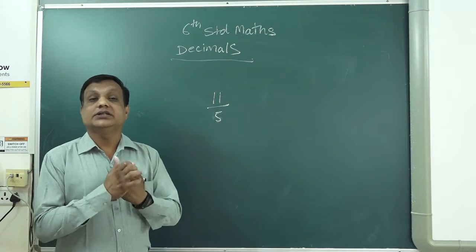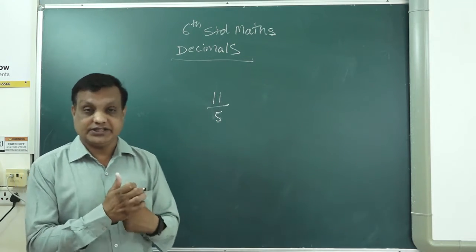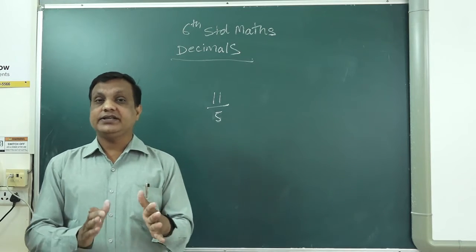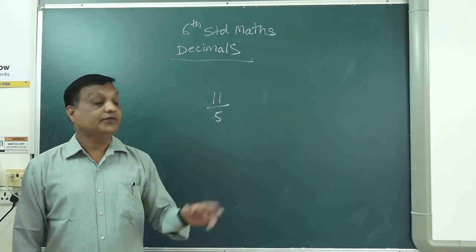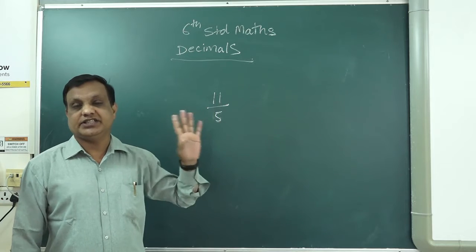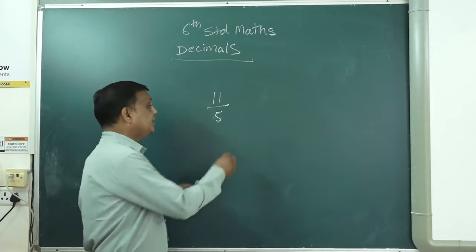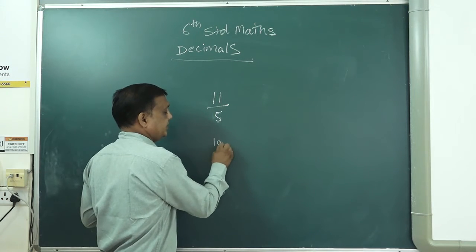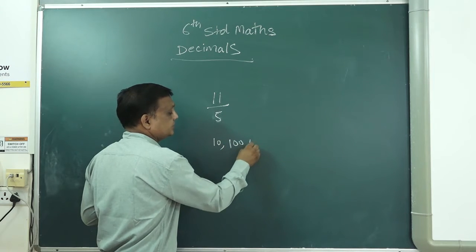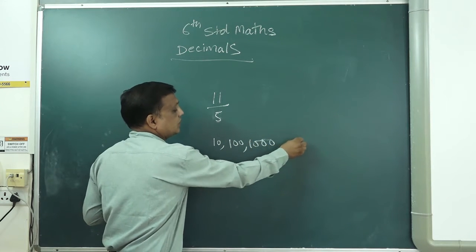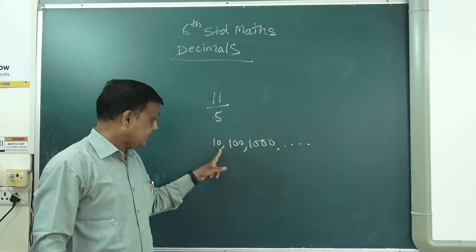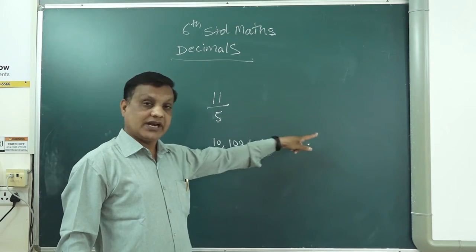To make any fraction into a decimal, please pay attention once again. If you want to show any fraction in a decimal, the easiest way is that the denominator should be 10, 100, 1000, 10,000, lakh, and so on.